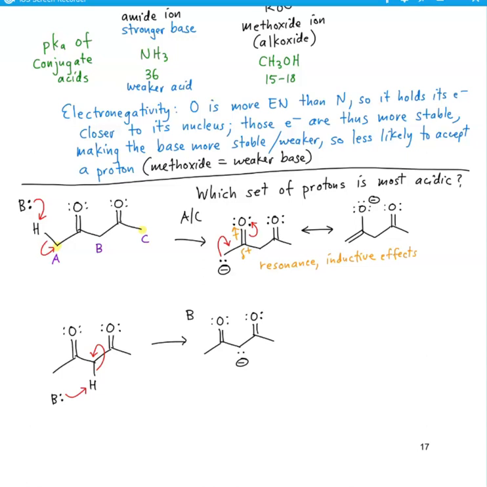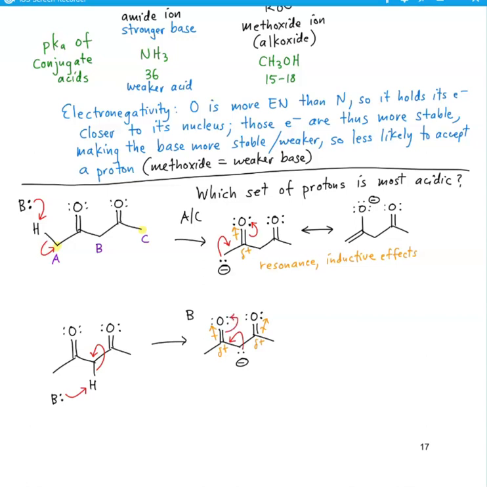Okay, now let's look at structure B. Well, structure B has got 2 inductive effects at play. So that negative charge in the center of the structure is flanked by 2 partially positively charged carbons, the carbonyl carbons. So that's an inductive effect, but you also have resonance.